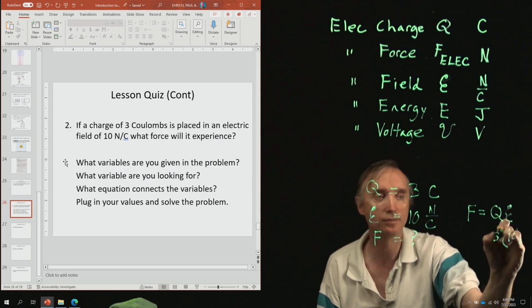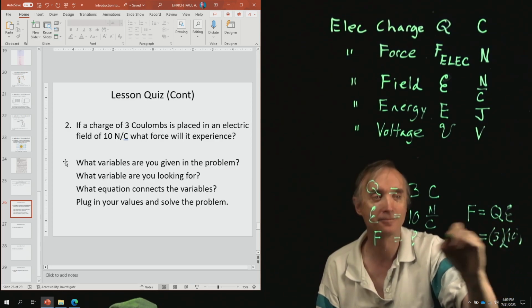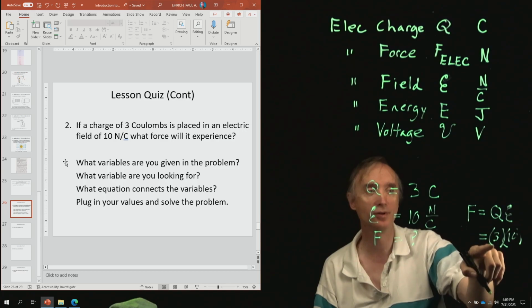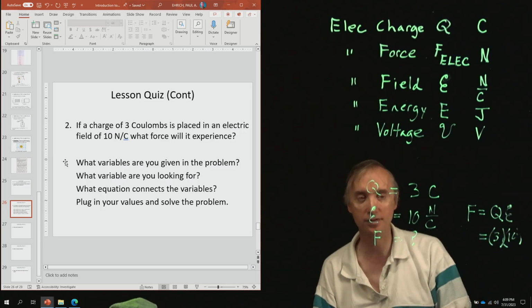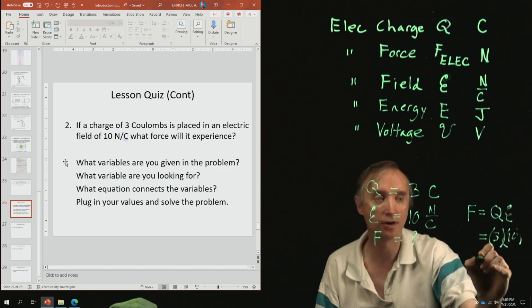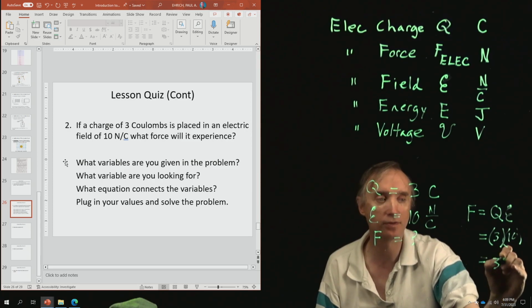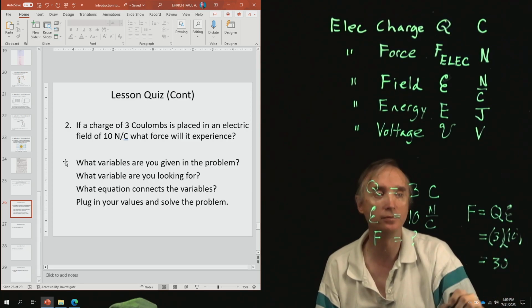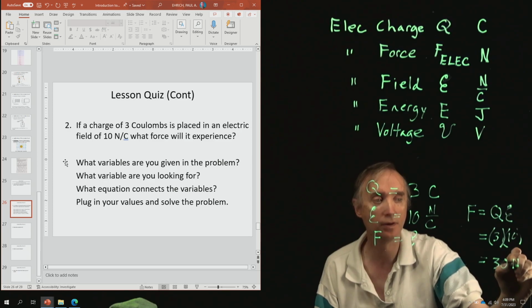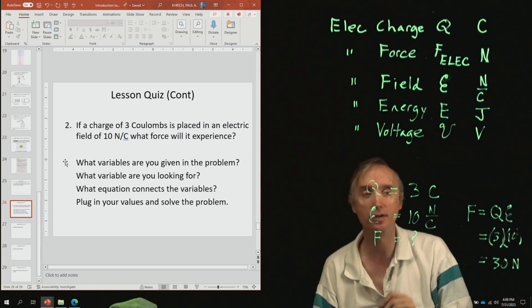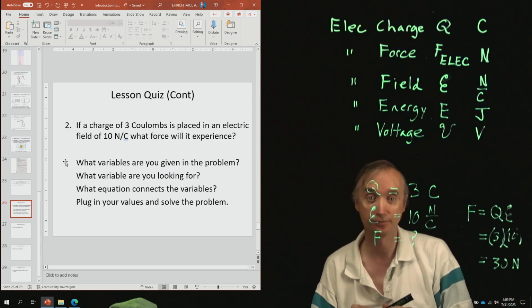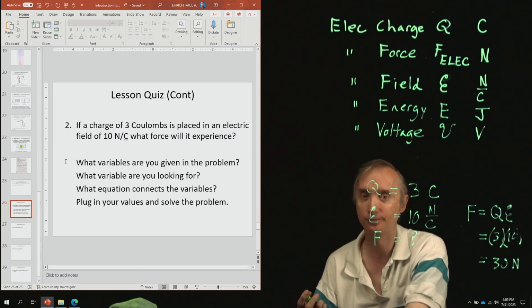So 3 times 10 is 30. Our answer is 30, and then put an N on the end of it because it's 30 newtons. So that's how you'd solve the problem.